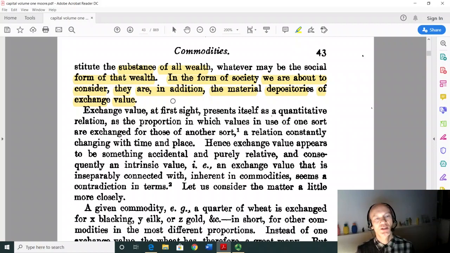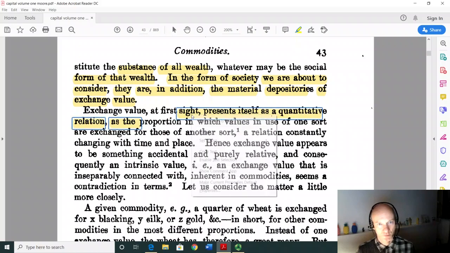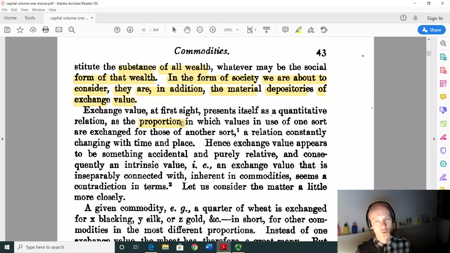So Marx goes on, exchange value presents itself as a quantitative relation, as the proportion in which values in use, meaning use values, of one sort are exchanged for those of another sort.